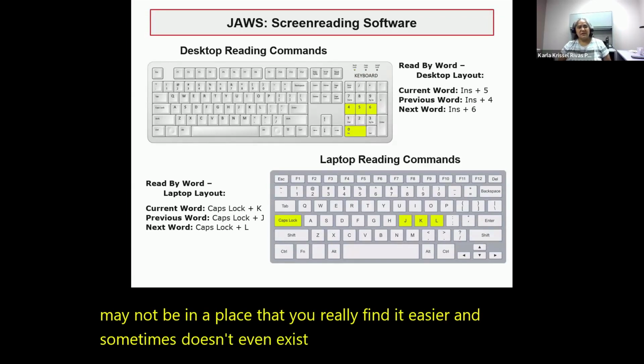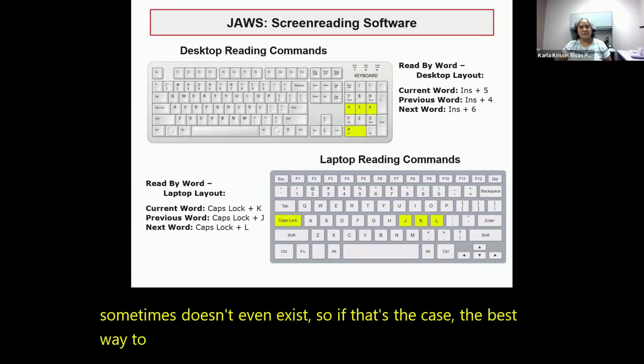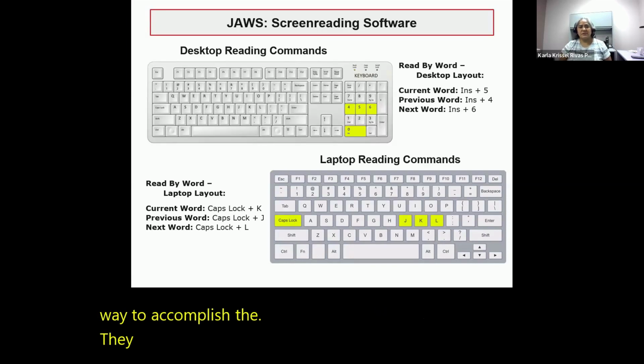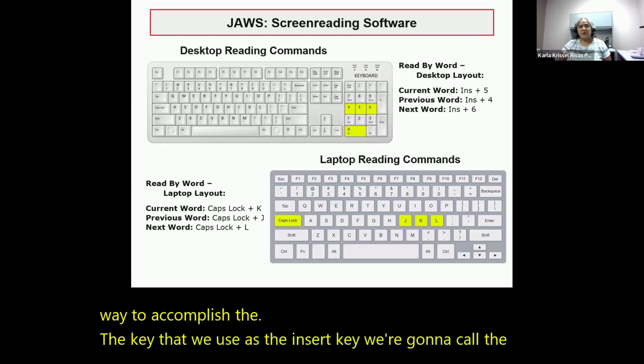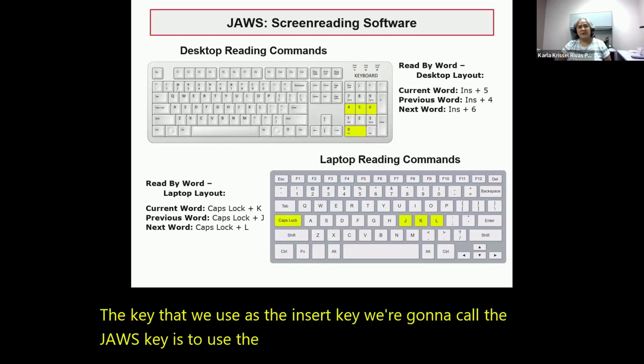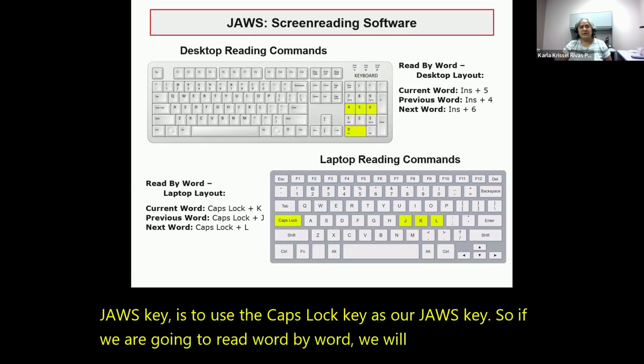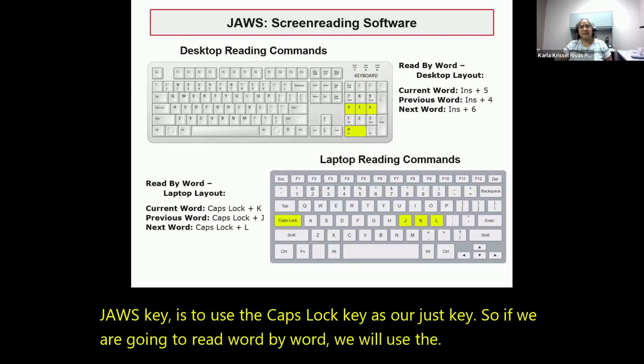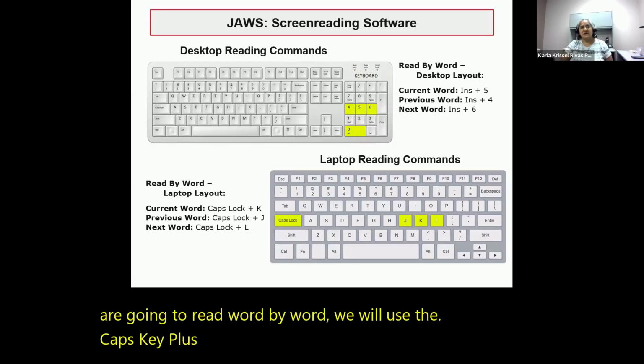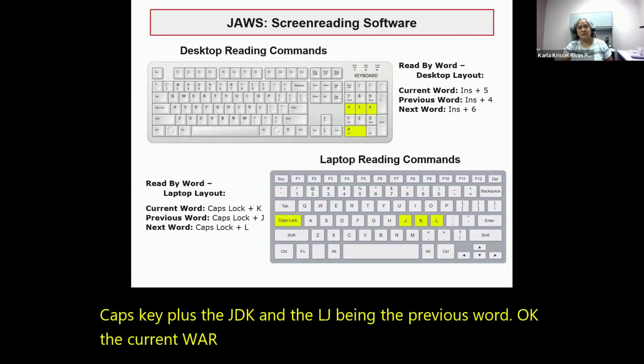If that's the case, the best way to accomplish this is to use the Caps Lock key as our JAWS key. So if we're going to read word by word, we will use the Caps key plus J, K, and L. J being the previous word, K the current word, L the next word.